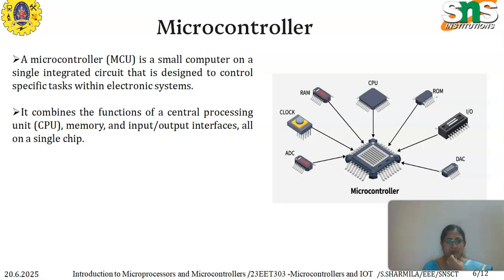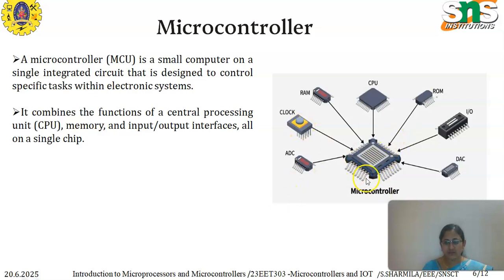Now let us see the microcontrollers. The microcontroller we call a small computer because all the performing devices are connected in a single integrated circuit that is designed to control specific tasks within electronic systems. So it combines the functions of a central processing unit, memory and input-output interfaces all on a single chip.